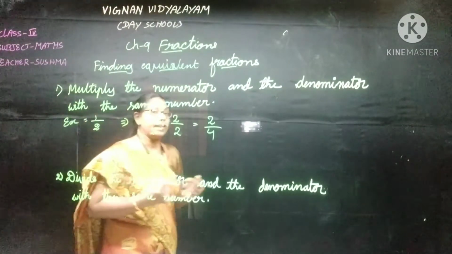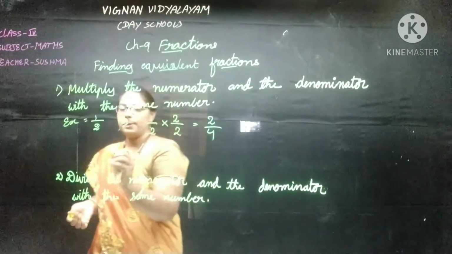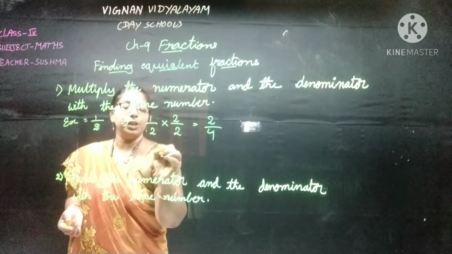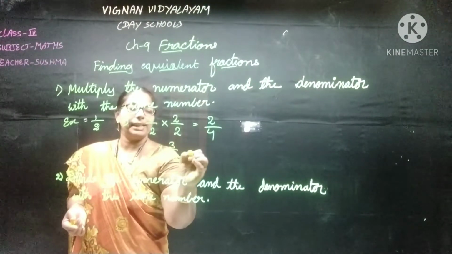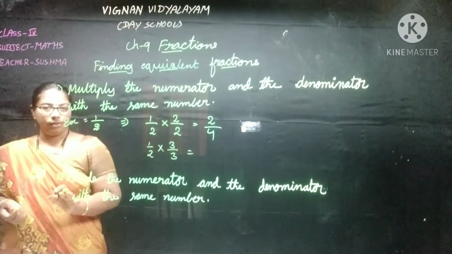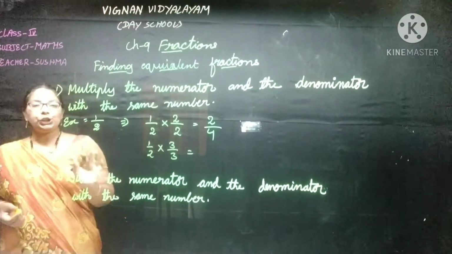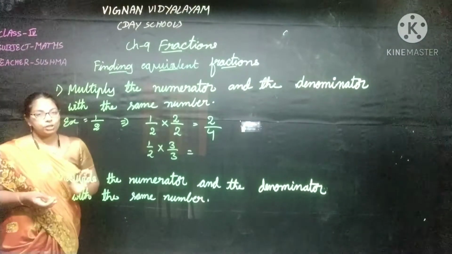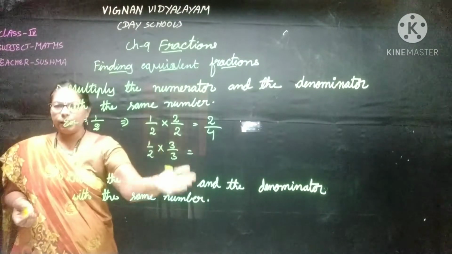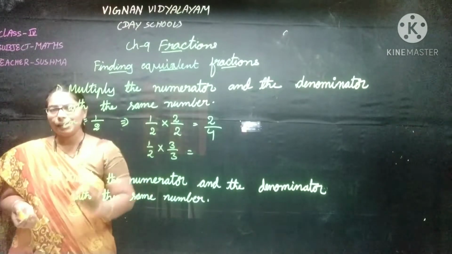Let us find another equivalent fraction. Let us take one more: 1 by 2 into 3 by 3. See here, children, any number you can take, but it should not be 0. We can multiply the numerator and the denominator with any number, but it should be a non-zero number. We can multiply with 3 by 3 or 4 by 4 or 5 by 5 or 10 by 10, 100 by 100, 99 by 99.